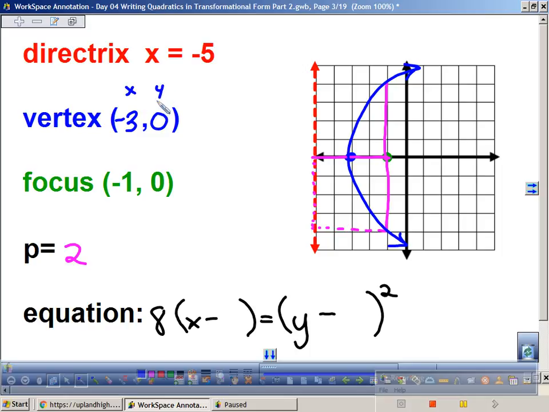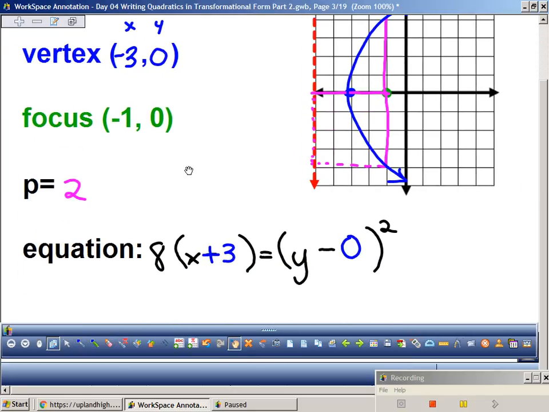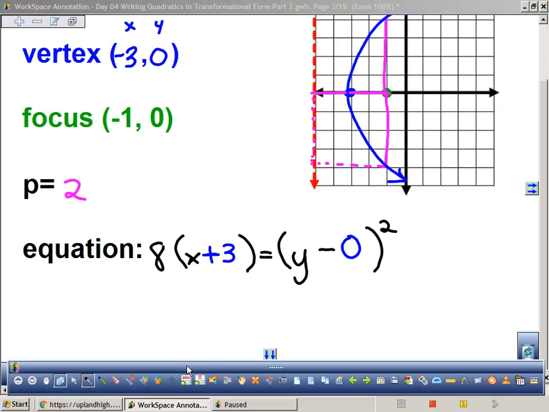So that means I need to go the opposite of 3. That means I need to make this the opposite. And this one I'm not moving at all, so it's just going to be 0. So I really could write it 8 times x plus 3 equals y squared.